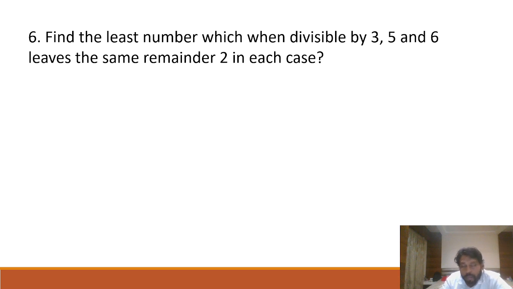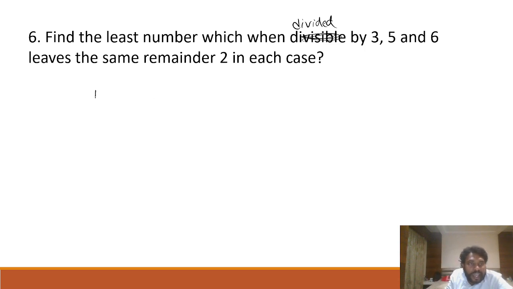This is the second model, guys. Find the least number which when divided by 3, 5 and 6 leaves the same remainder 2 in each case. Now he is telling the number n, when you divide with 3, 5 and 6, you are going to get remainder 2.